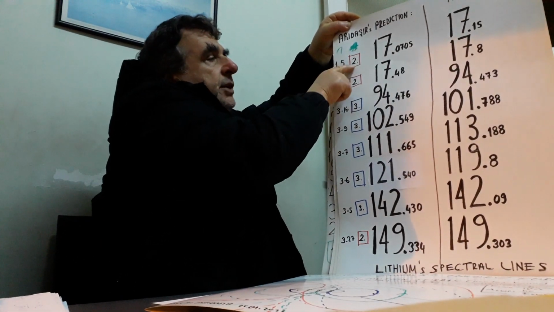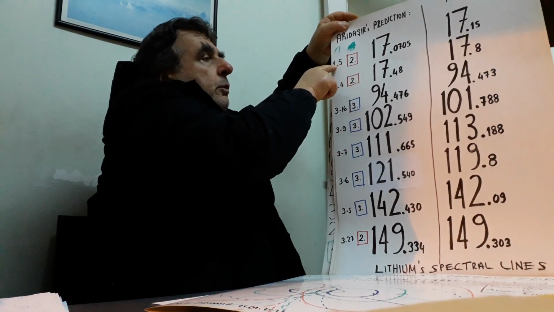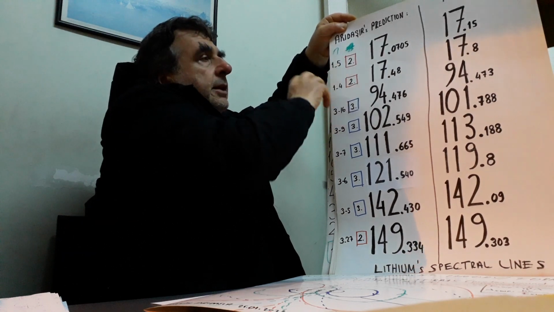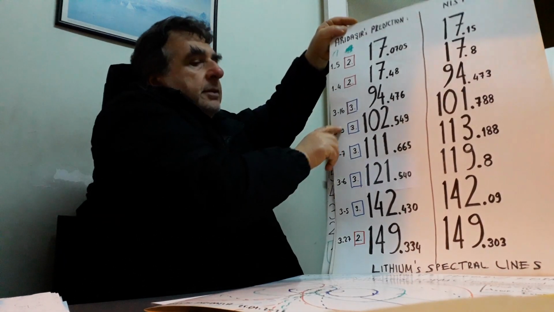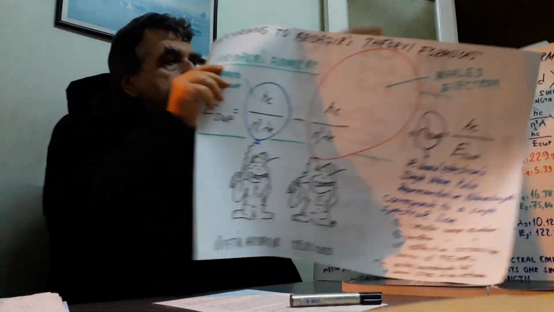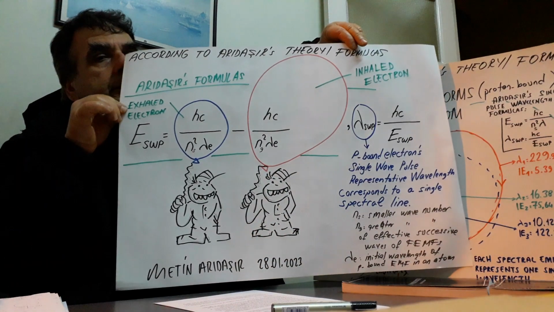This is the second electron, n equal to 1 to 5. Okay, it enlarges and shrinks according to this formula that I put forth.